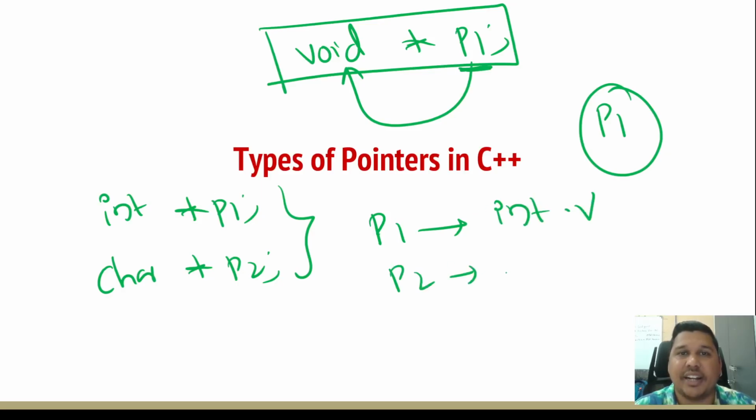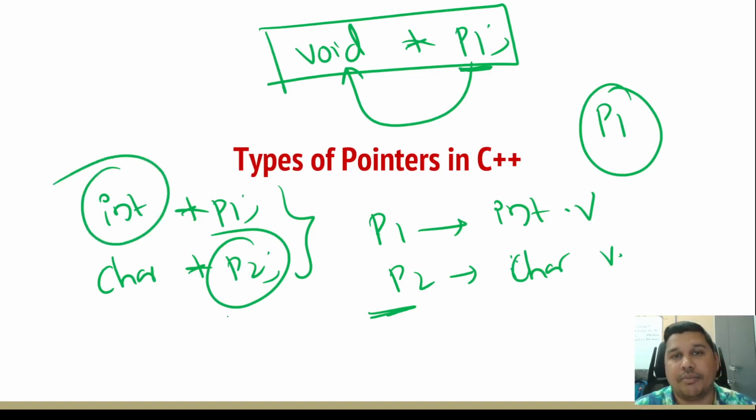P2 is defined as a pointer variable, and it is mandatory that it has to store address of a character variable. So in P2 I cannot store address of an integer variable.